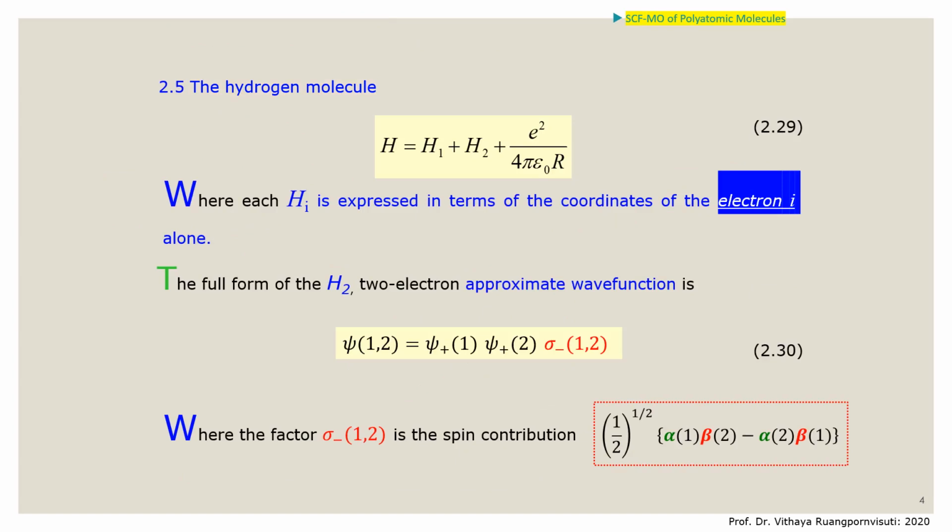The approximate Hamiltonian operator is therefore shown in equation 2.29.